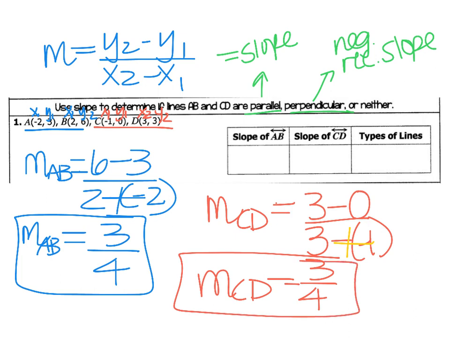So both of our slopes are 3/4. We know the slope of CD, plug it into our table. We know the slope of AB, plug it into our table. Now, because they have the same slopes, we say that these lines are parallel. And we're done.